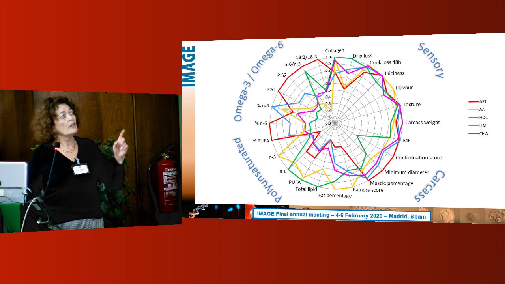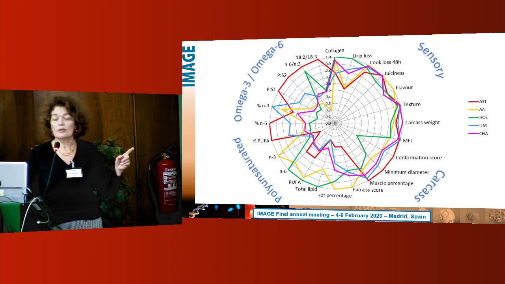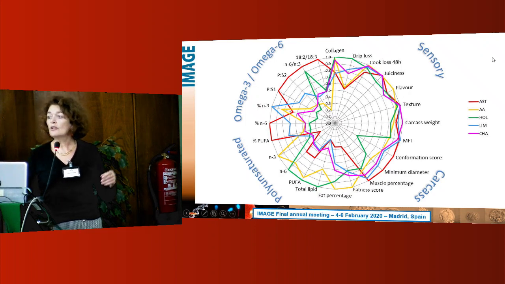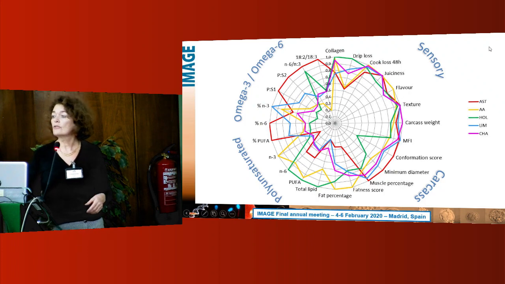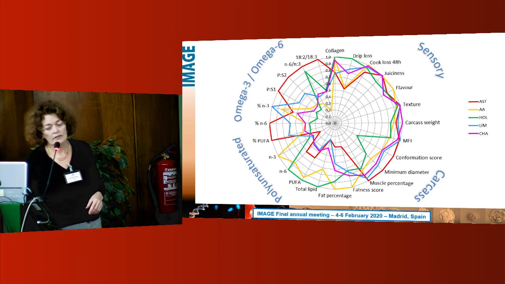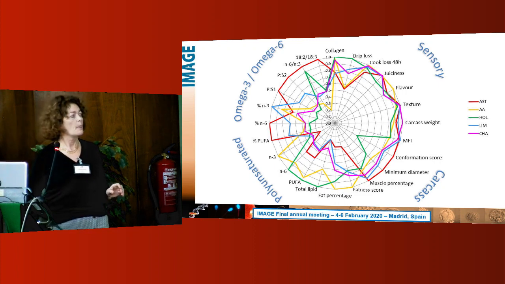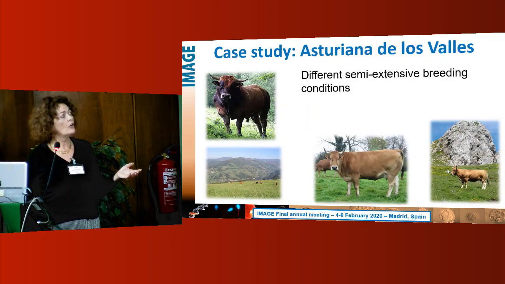The sensory phenotype is very good, it's very high range, and the carcass production is also quite high. You can see this red line compared with other beef breeds like Aberdeen Angus, Limousin, Holstein or Charolais.